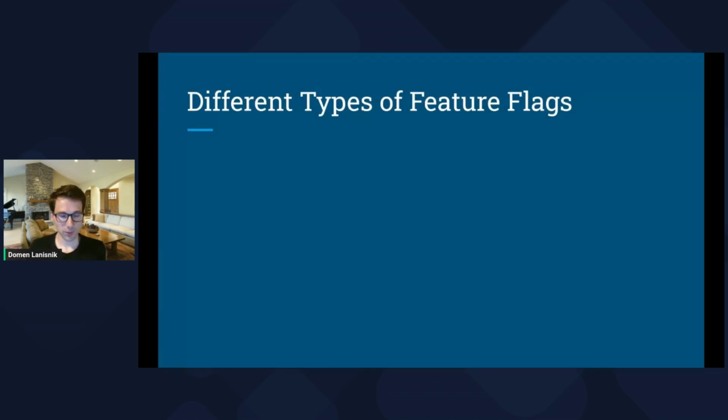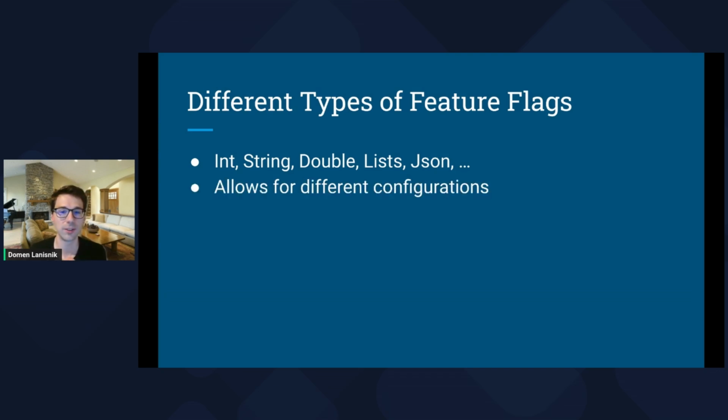Cool. So far we talked about Boolean feature flags, essentially an on-off switch. But there are also other types. So we can also use integers, strings, doubles, lists, and even JSONs. And while the regular feature flags simply turn on or off a feature, these more complex data types actually enable us to have different configurations for different users.